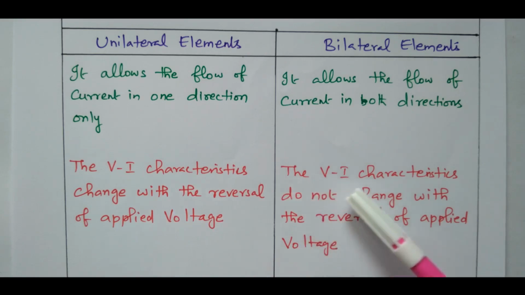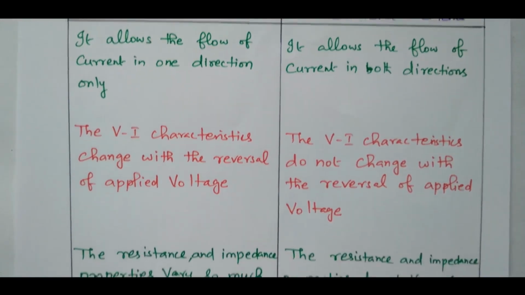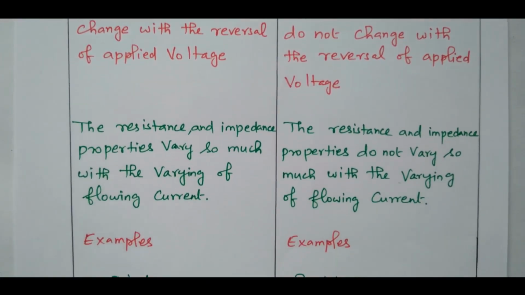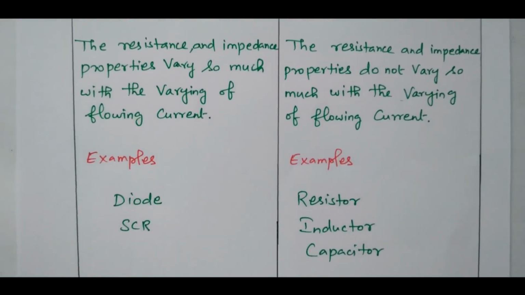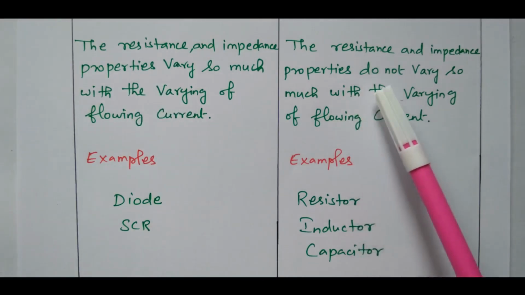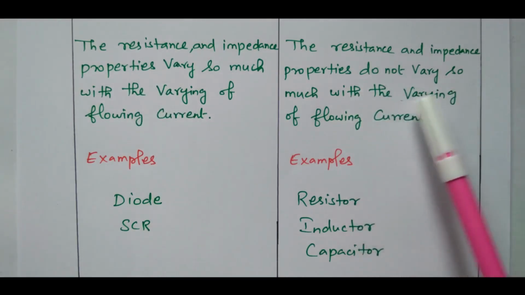But in a bilateral element, the VI characteristics do not change with the reversal of the applied voltage. For example, here we have resistor, capacitor and inductor. And one more point is available. In a unilateral element, the resistance and impedance properties vary so much with the varying of the flowing current. But in a bilateral element, the resistance and impedance properties do not vary so much with the varying of current.